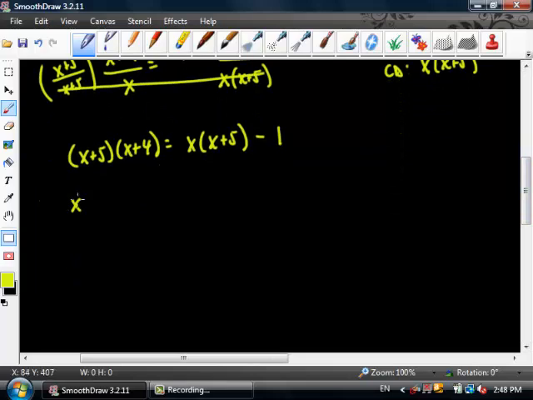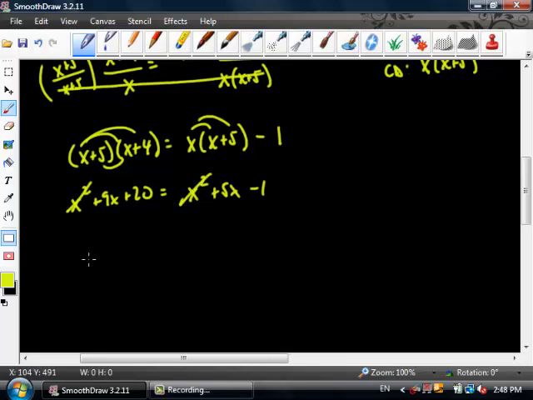This is x squared plus 4 plus 5 is plus 9x plus 20 equals x squared plus 5x minus 1. I just distributed that. The x squareds are going to cancel each other out. I'm going to move 5x over to both sides. So I get 4x plus 20 equals negative 1.